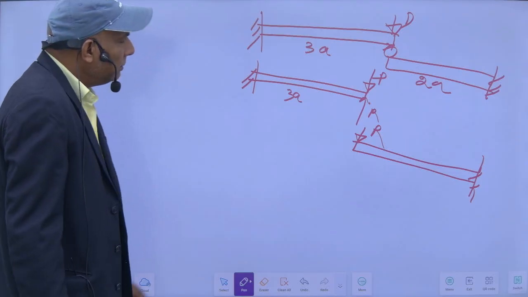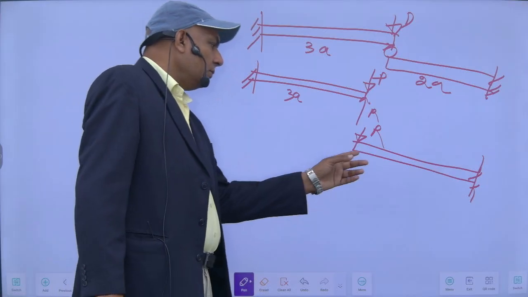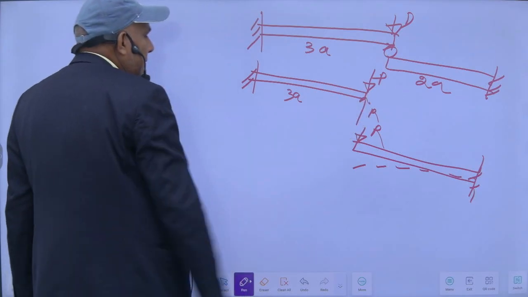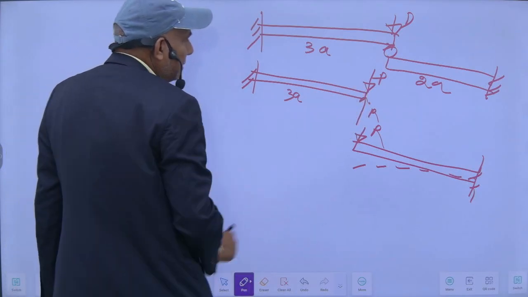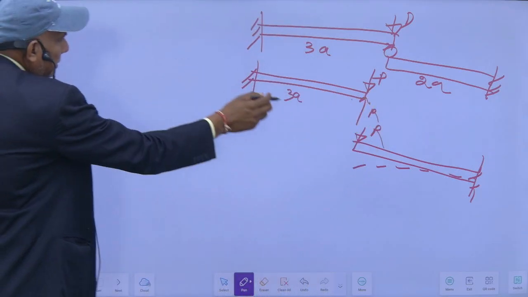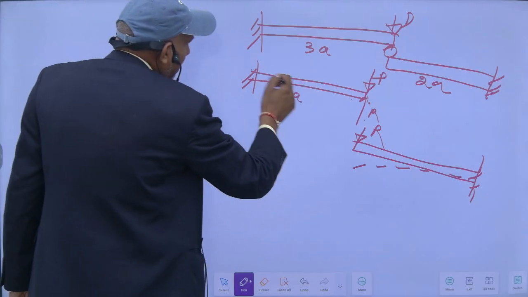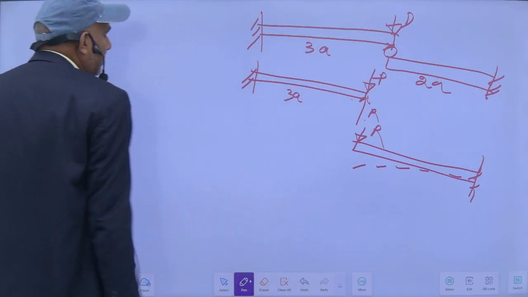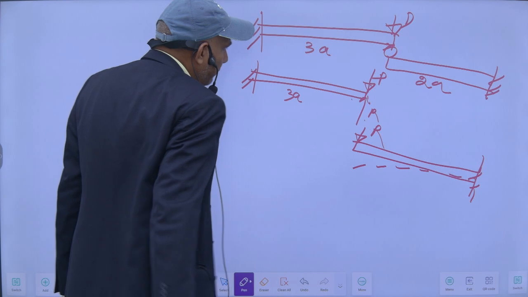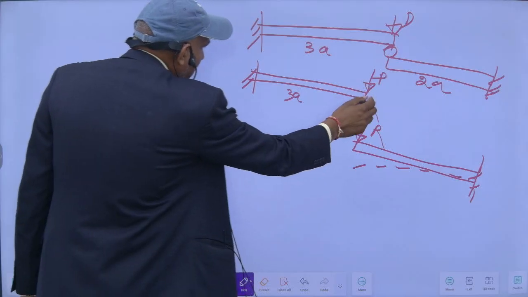So my net deflection at this point will be the deflection because of this minus this. This load will try to deflect it downwards, and the reaction will be upwards.